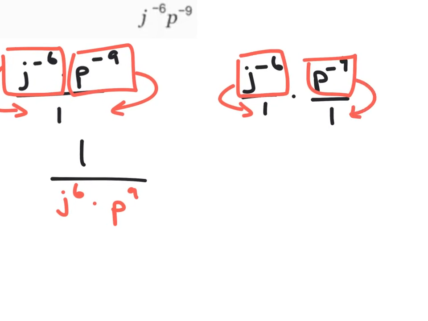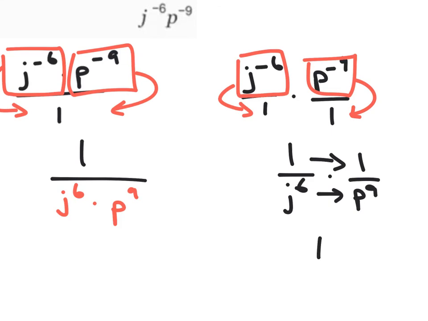We're going to get the same thing in the end. But I'm going to do 1 over j to the 6th power times 1 over p to the 9th. Now, multiply across, 1 times 1 just gives me 1. J to the 6th times p to the 9th is simply going to be j to the 6th times p to the 9th. And that's all you're doing, okay?